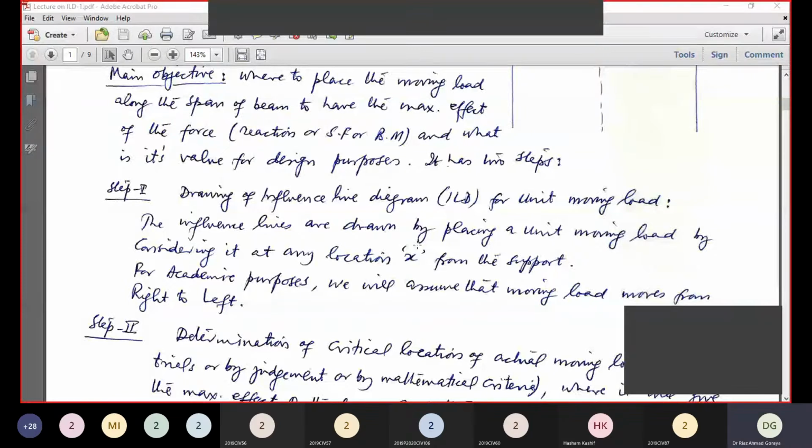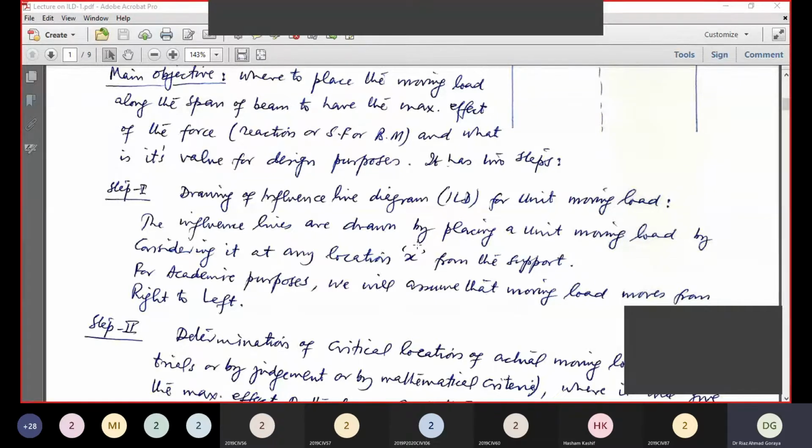Rather, both steps will remain the same. The first step is drawing of the influence line diagram for a unit moving load. The influence lines are drawn by placing a unit moving load at any location, at any time, at location X from the support.